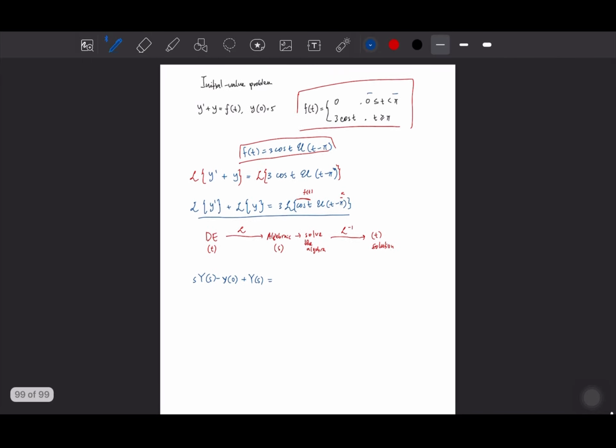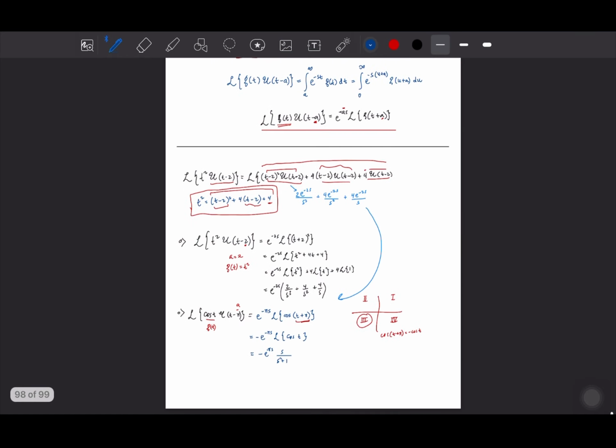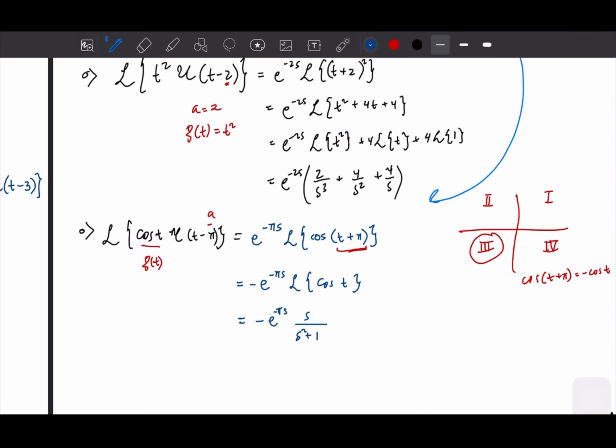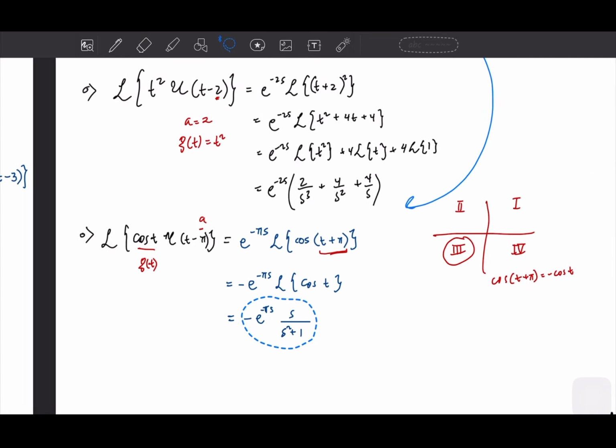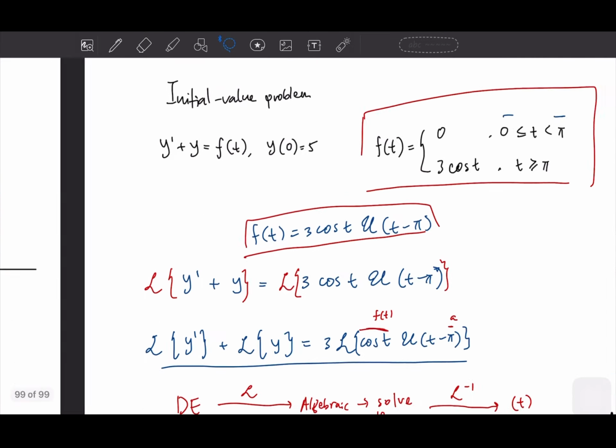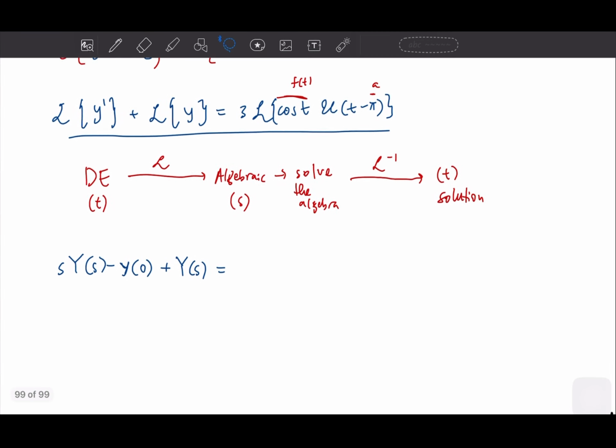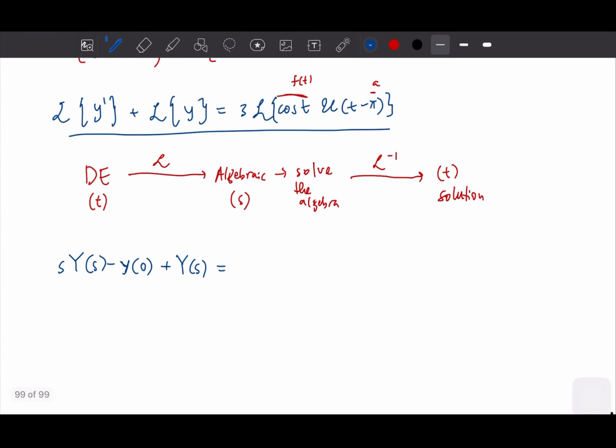We could take the same results here. I think we could just copy this. So it is negative 3 e to the negative pi s, and then s over s squared plus 1.